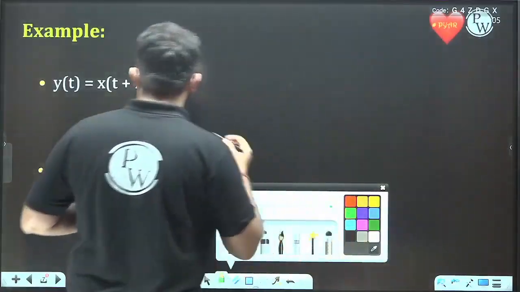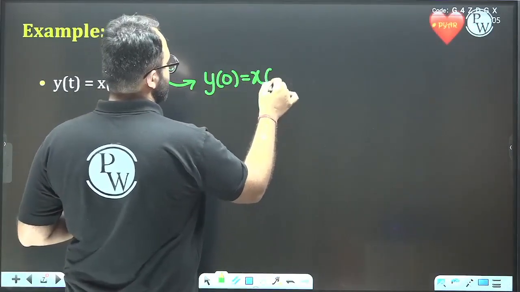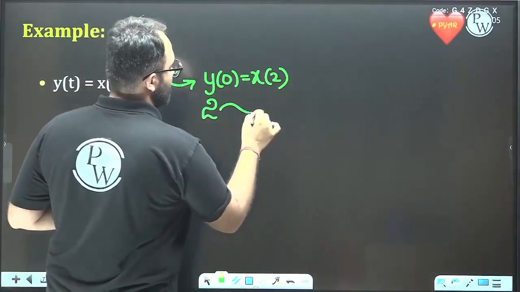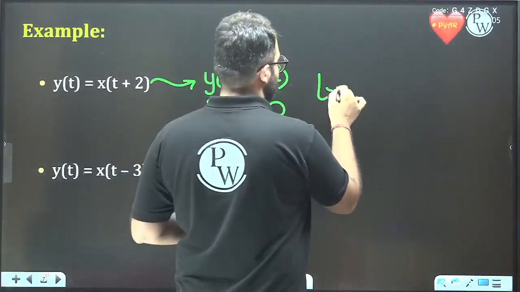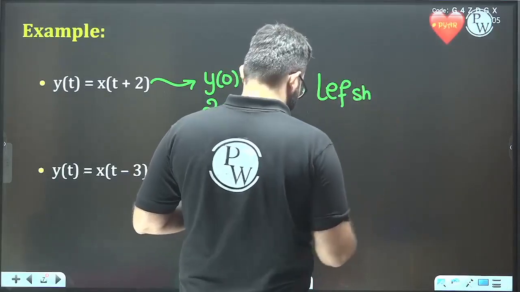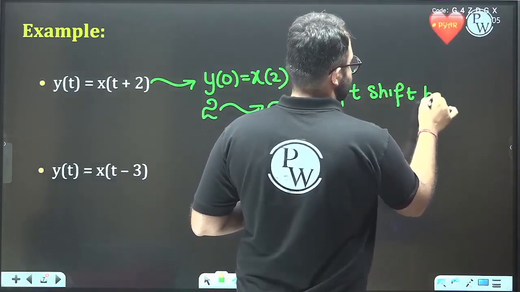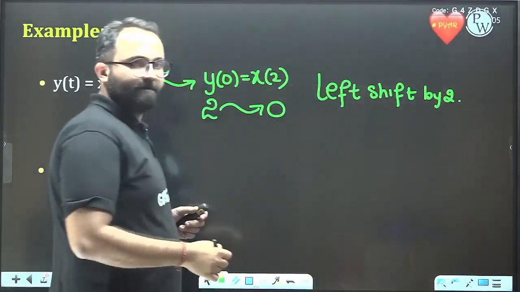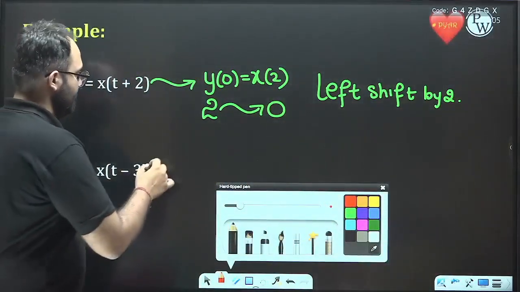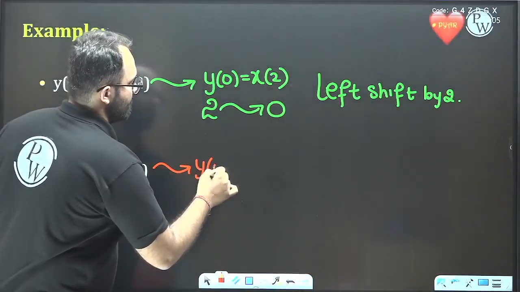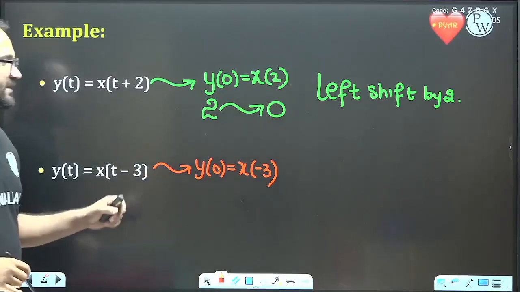Here also there are some examples for more clarity. We can see y(t) equals x(t plus 2), which means 2 is going to 0, which means left shift by 2. Now the next example: y(t) equals x(t minus 3).